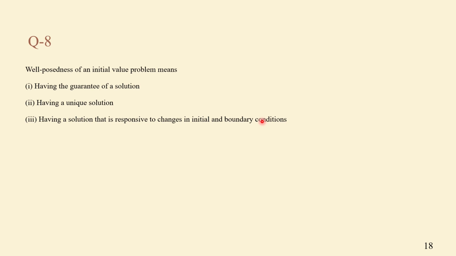So what it means for an initial value problem is that it should have the guarantee that it has a solution, that solution should be unique, and it should be responsive to changes in initial and boundary conditions. If the initial condition is changed, the solution should also change. If the boundary condition is changing, the solution should also change. So that is given by all three statements being true. Statement 1, having the guarantee of a solution, is true. The second, having a unique solution, is true. And option 3, having a solution that is responsive to changes in initial and boundary conditions, is also true.